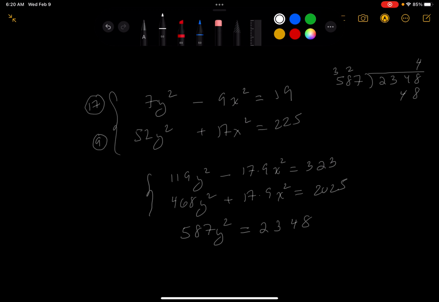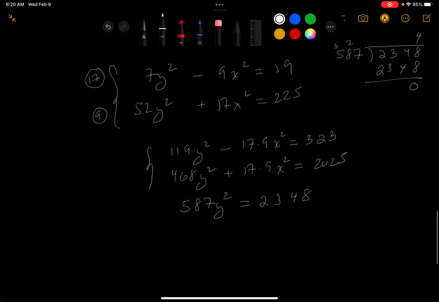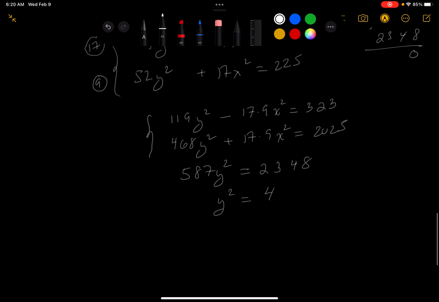That would be 23. Remainder 0. So what do you get here? y squared is equal to 4. That means y is equal to plus or minus 2.